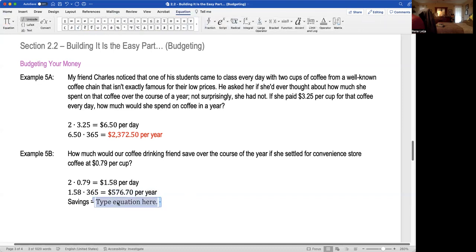So, that's going to be 2372.50 minus the 576.70 equals, okay, 2372.50 minus 576.70.